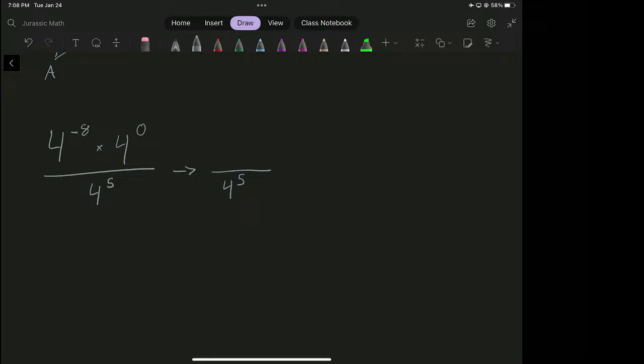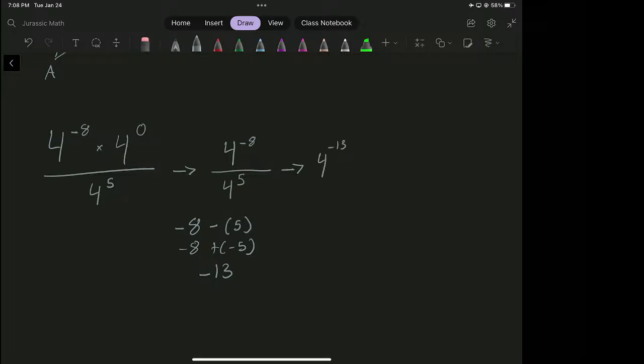So, negative 8 plus 0 is negative 8. That leaves me with 4 to the negative 8th power. Now I'm dividing. So I'm going to do negative 8 minus 5. Keep, change, change. That's going to be a negative 13. So this turns into a 4 to a negative 13th power.